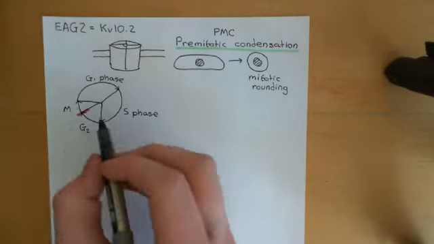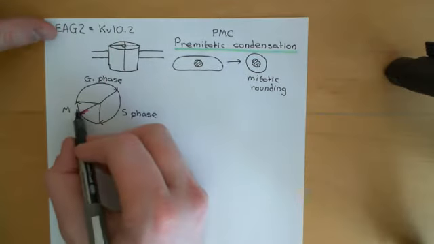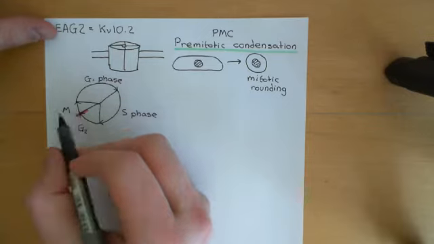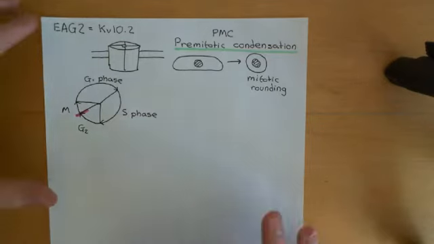So cells start to shrink their cell volume towards the end of G2 phase and then at the beginning of the M phase. This goes on throughout the first few portions of M phase. Particularly it occurs in prophase, prometaphase, and gets to its finest moment at metaphase, and then it starts to reverse in anaphase, telophase, and cytokinesis.